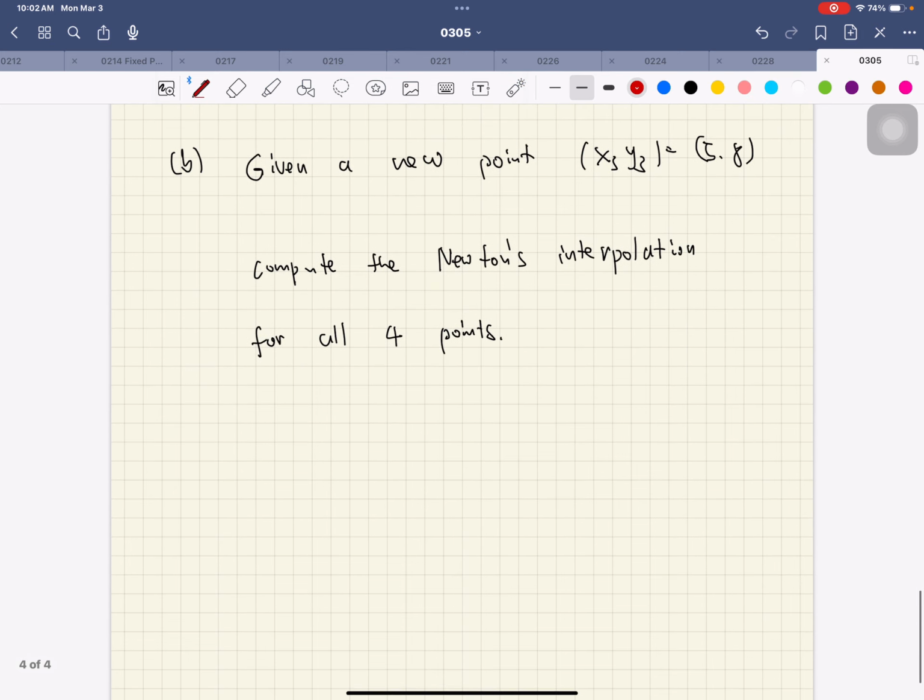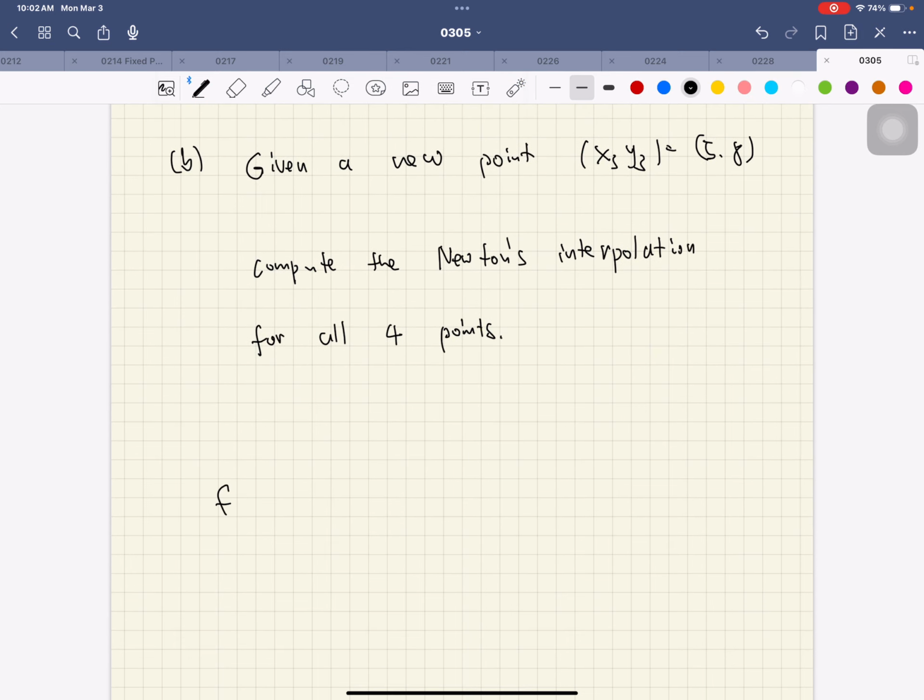Particularly, we need to first compute f[x2, x3], because we need to use this one to compute the third difference, which is f[x1, x2, x3], right? But firstly, according to the definition, this one is equal to (f(x3) minus f(x2)) over (x3 minus x2).